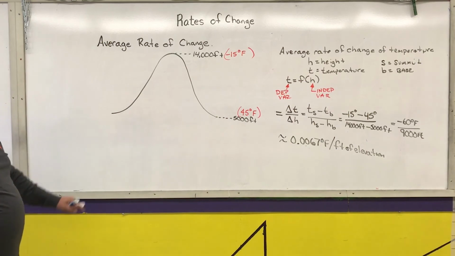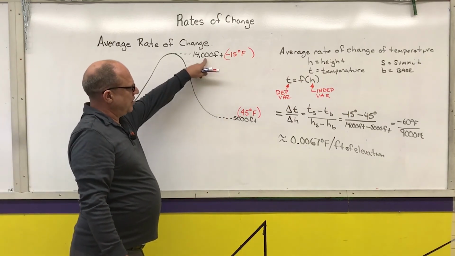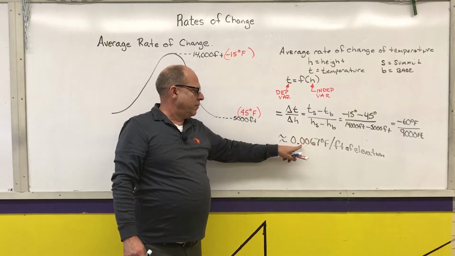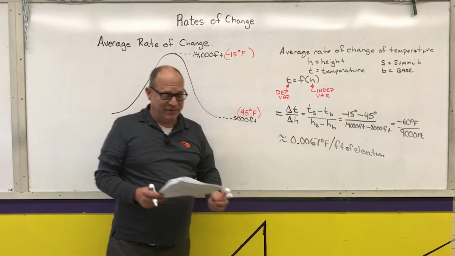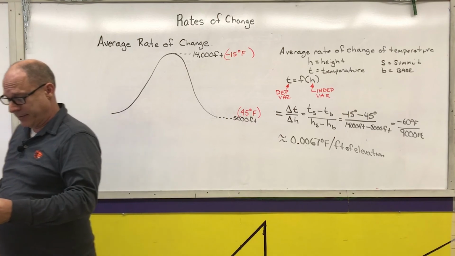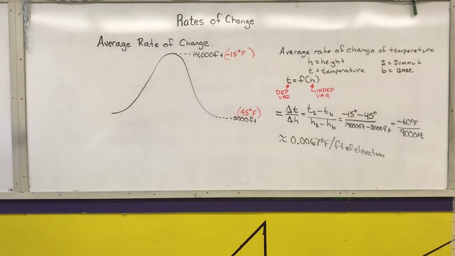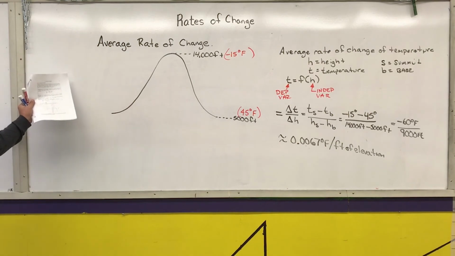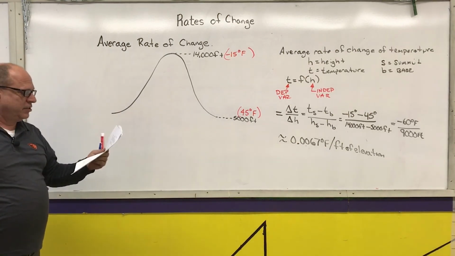So the average rate of change from where you started to where you stopped is that for every foot of elevation you went up, the temperature went down 0.0067 degrees Fahrenheit. So that's what we want to talk about for average rate of change.